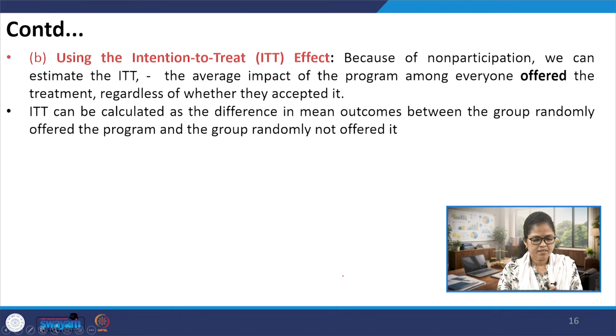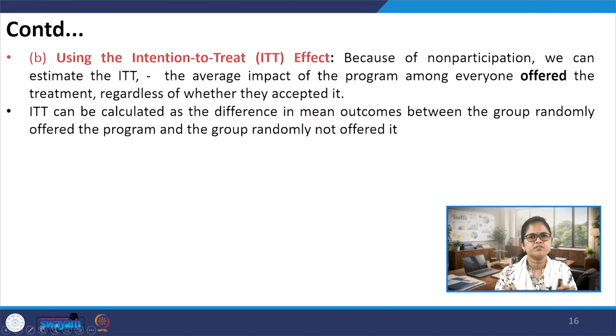Okay, and the second method that we can use is the intention to treat, ITT effect. Since in our intervention group, our treatment group, there could be non-participation, we can estimate what is known as the intention to treat.